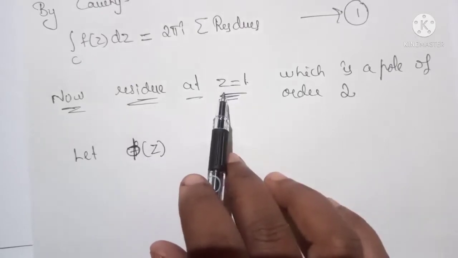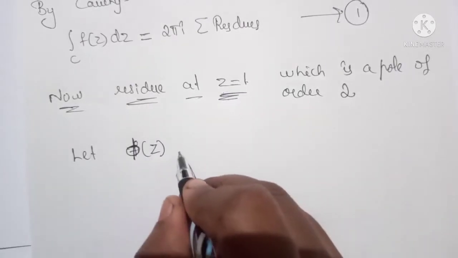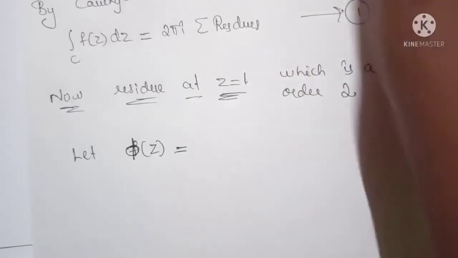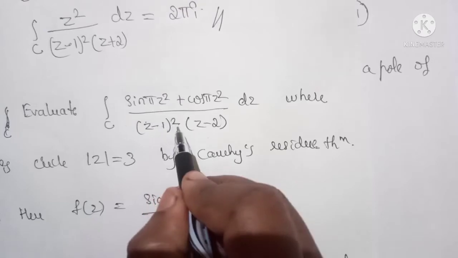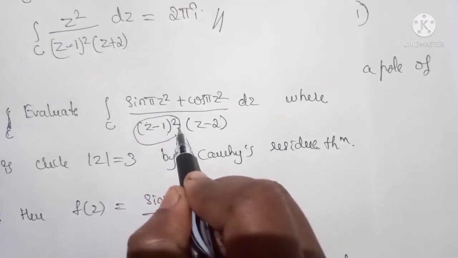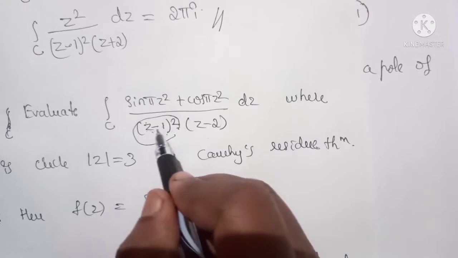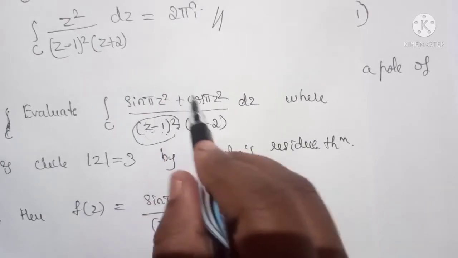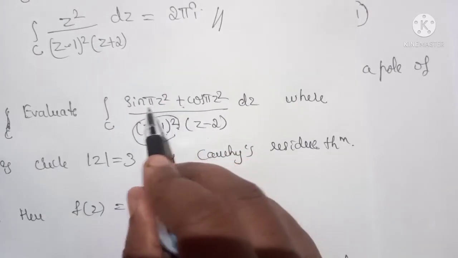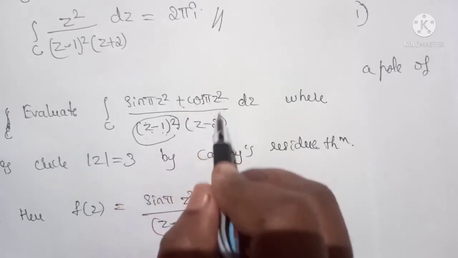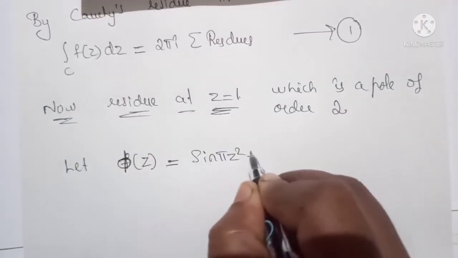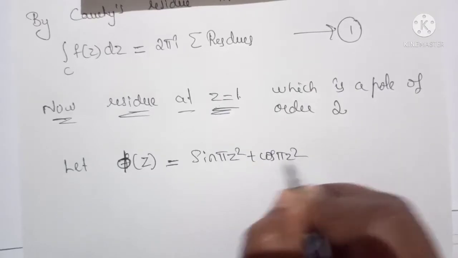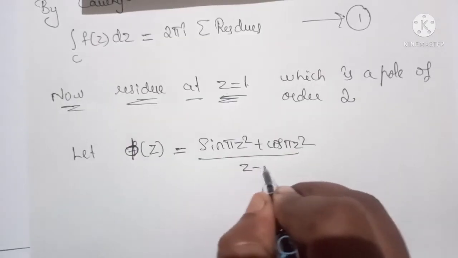To find the residue at z equals 1, let phi of z be equal to, in the question, we are finding the residue at z minus 1 whole square, so at z equals 1, except this, the remaining terms we consider as phi of z, that is sin pi z square plus cos pi z square divided by z minus 2. We consider it as phi of z.